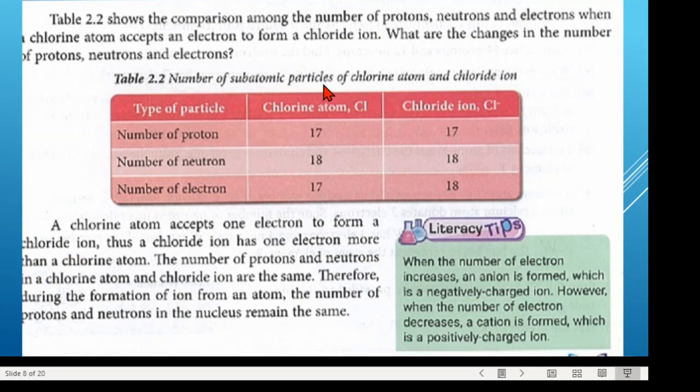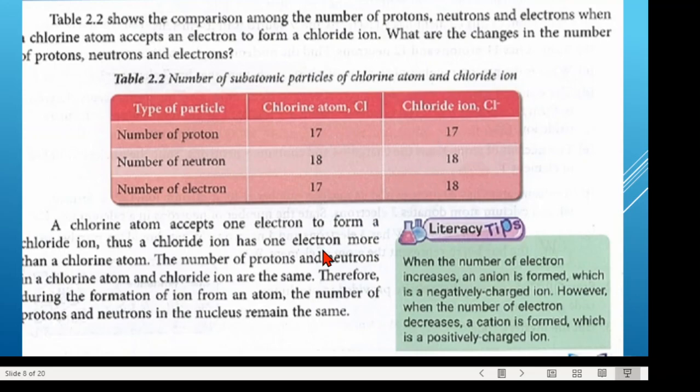So it means here the chlorine atom will receive one electron so that it becomes an ion, chloride ion. Thus a chloride ion has one electron more than chlorine atom. See? This one is more than this one. The number of proton and neutron in a chlorine atom and chloride ion are still the same.